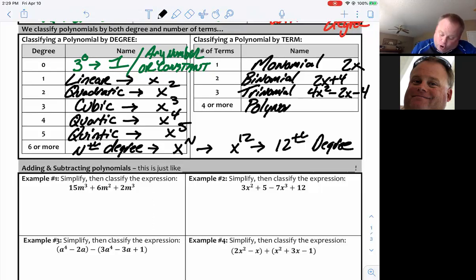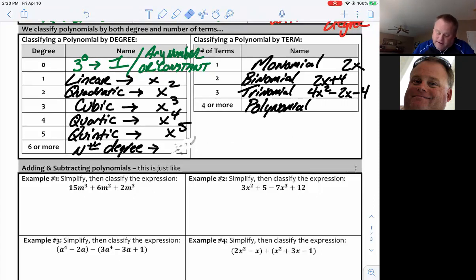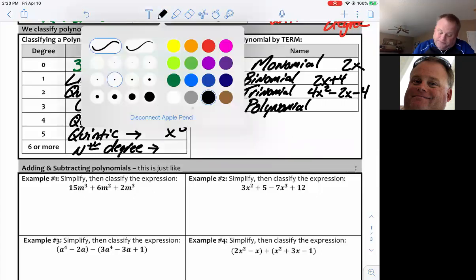Now remember, all of these are polynomials. The first 3 have a more specific name in addition to being called a polynomial, i.e. monomial, binomial, and trinomial. So let's do an example and see if you can get this right.